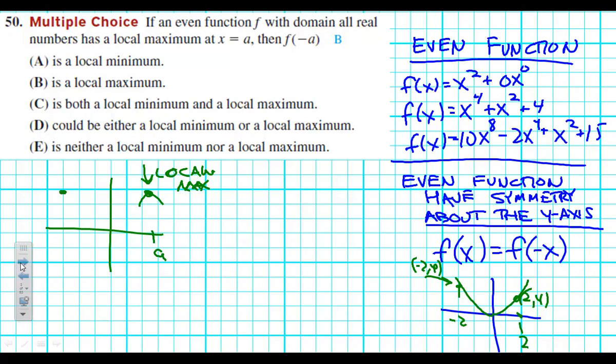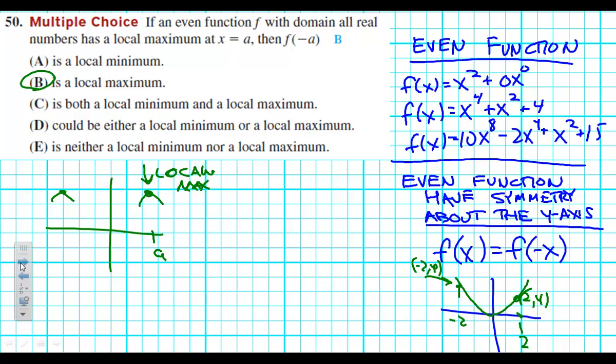That over here, there's another point, f of negative a, and it's got things going down on either side of it as well. So what do we know about local f of negative a? That it also has to be a local max because, again, we have that symmetry. You good? Complete?